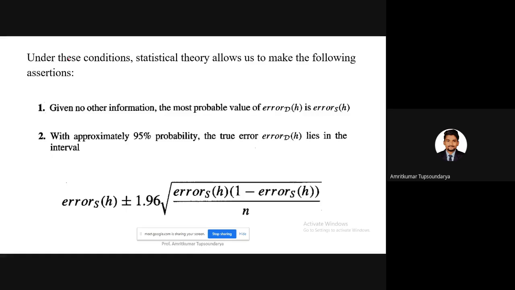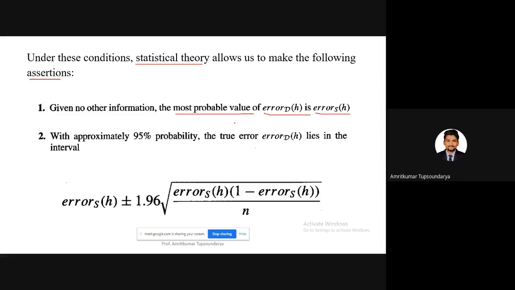These are the statistical theory which allows us to make some assertions. Now, what are these assertions? The number one assertion is that, given no other information, the most probable value of the true error, that is error D of h, is the sample error itself.